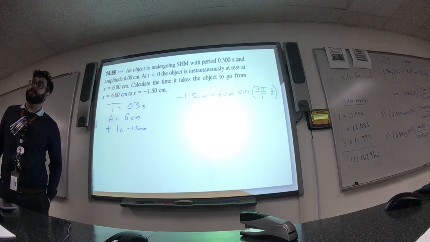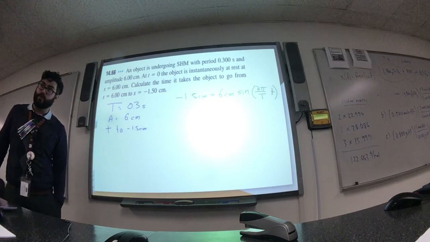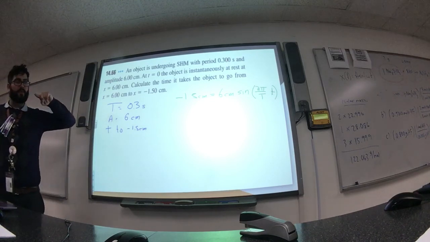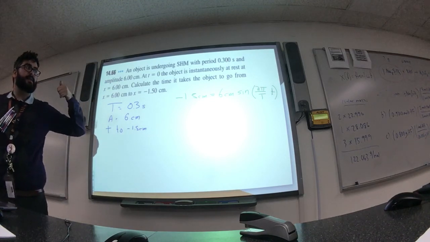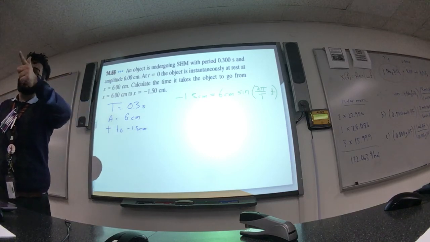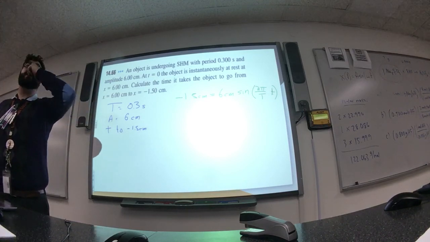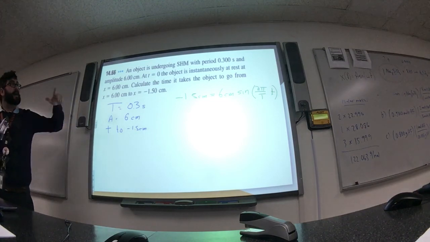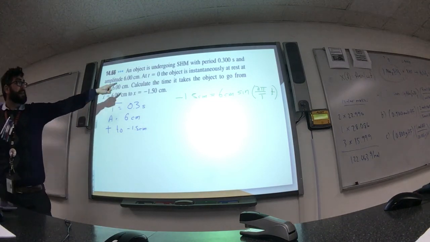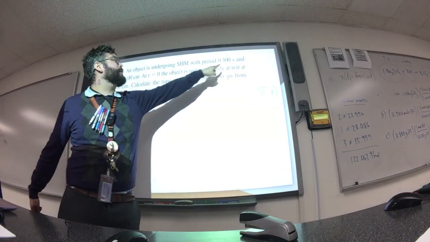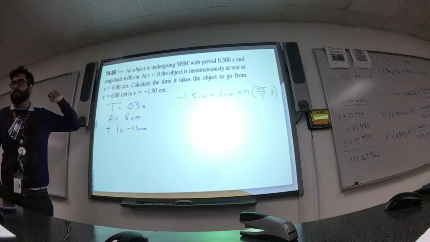So x of t is the position function, right? Where this thing is. Now, Ben wrote sine. When we first started looking at these, we said it could be sine or cosine. How do we pick? It depends on where it is at time t equals 0. Here, at t equals 0, they told us the object is instantaneously at rest at the amplitude.